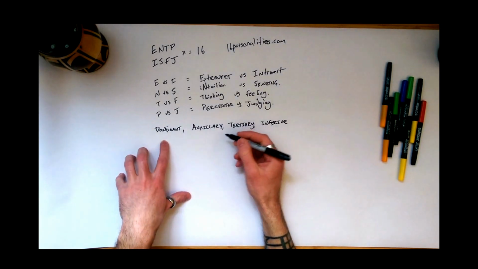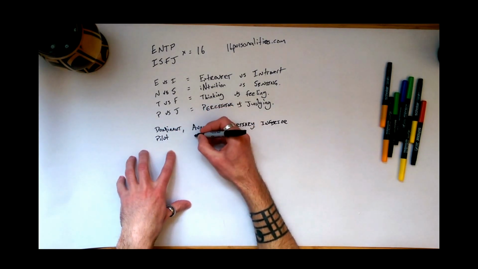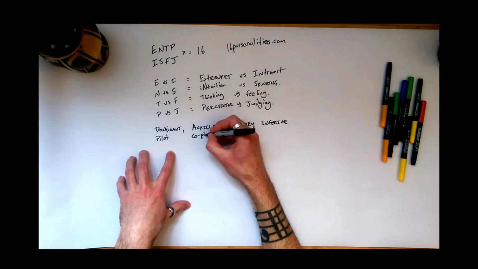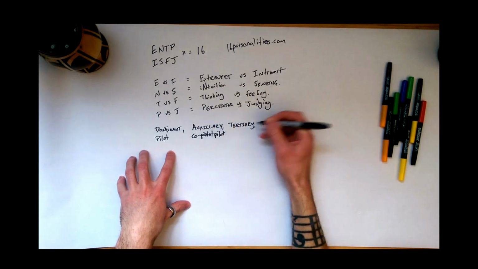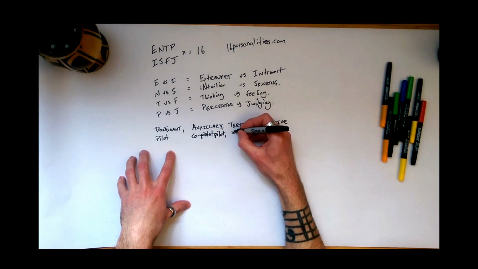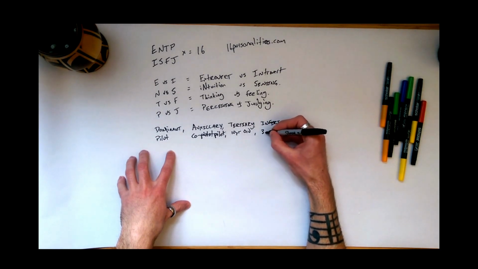Some people call your dominant your pilot, your auxiliary is your co-pilot. Oh, I should learn how to spell. Co-pilot. Tertiary is your 10-year-old, and your inferior is your 3-year-old.